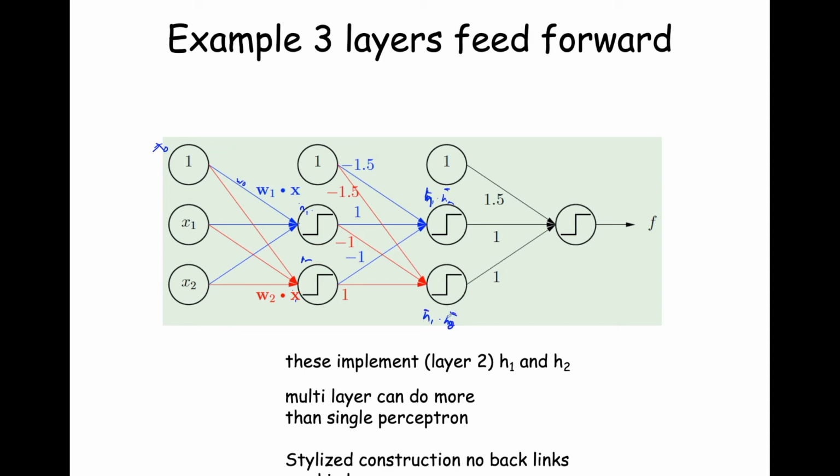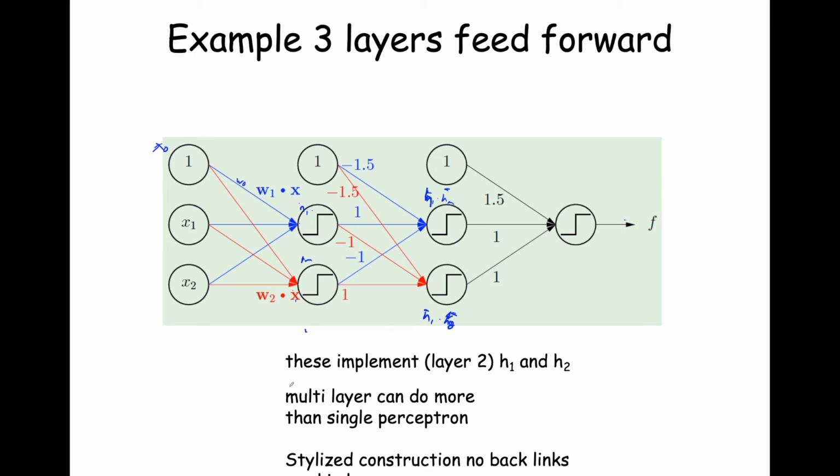Okay. So this is a so-called two-layer network, and the first layer implements H1 and H2. The second layer implements the terms that you input into the XOR, and this is the OR for some output.